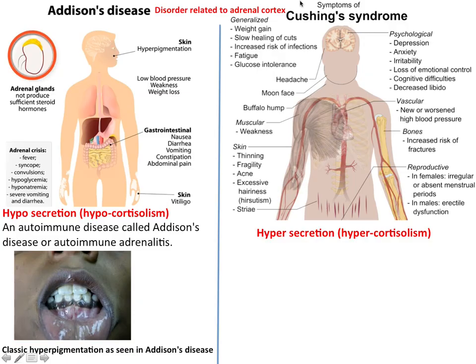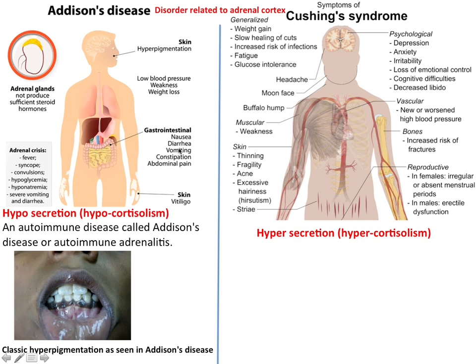Now, disorders related to the adrenal cortex. Here you can see two major syndromes or diseases. First is Addison disease. Addison disease is because of the hyposecretion of cortisol, that is called hypocortisolism. The main symptoms of this disease are hyperpigmented skin, low blood pressure, weakness, weight loss, and it also affects our gastrointestinal tract.